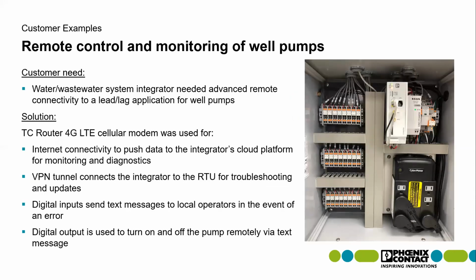Another example was a wastewater system integrator. They needed advanced remote connectivity to a lead-lag application for well pumps. To accomplish this, they used our TC router 4G LTE cellular modem.